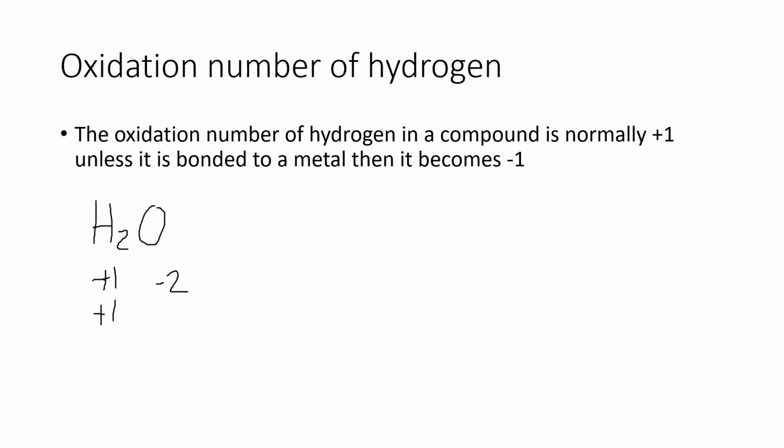However, if you take something like magnesium hydride, MgH2, actually what happens is the magnesium is more electropositive than the hydrogen, so we assign the positive to the magnesium, so it's +2, and therefore the hydrogen has to be -1. So whenever hydrogen is bonded to a metal, its oxidation number changes to become -1. But other than that, it's always +1 when it's in a compound. All right.